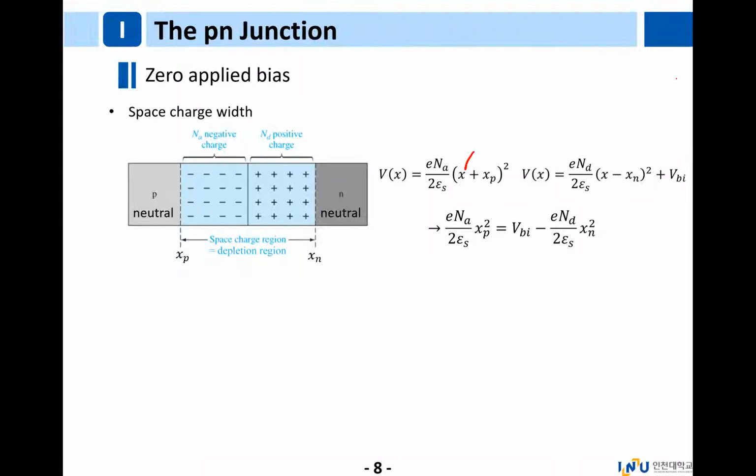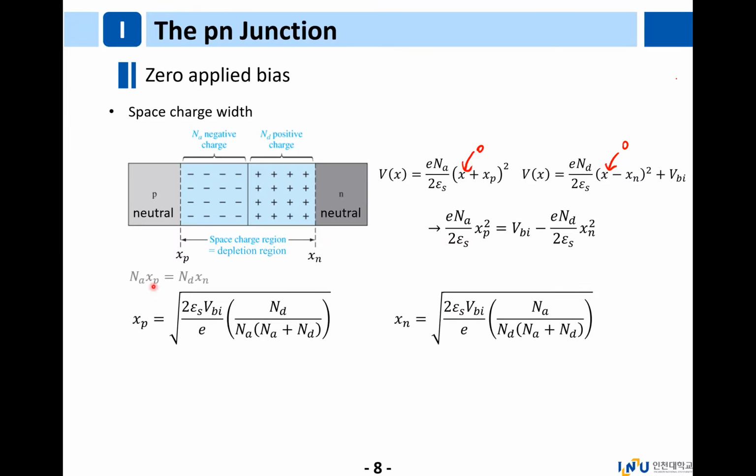We just put here 0 and 0, and we can find out this relationship. Additionally, since NaXp and NdXn are equal, we can use this information to deduce Xn and Xp. So by using this relationship, we can find out this one and this one, right? So we can finally express as follows here.